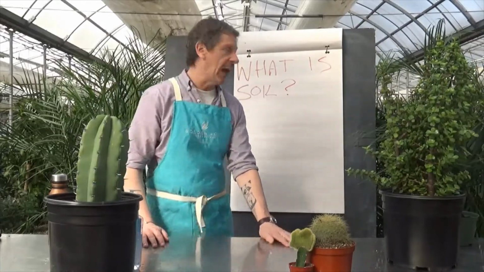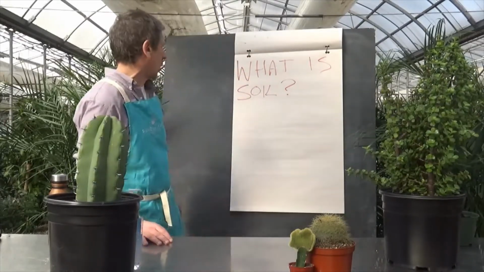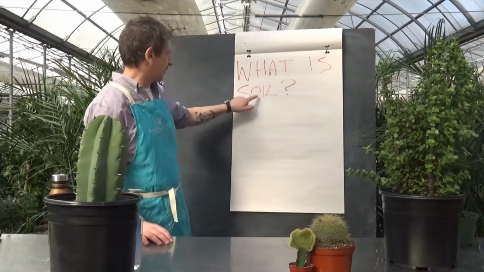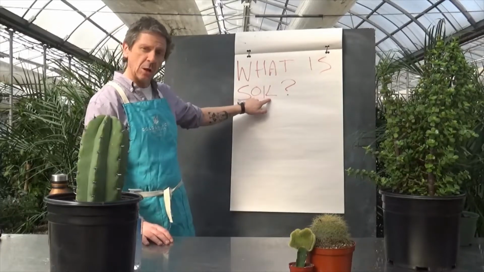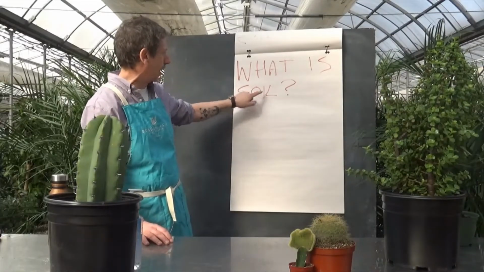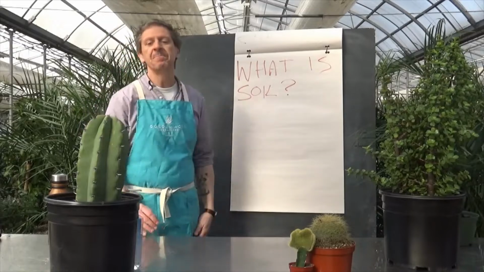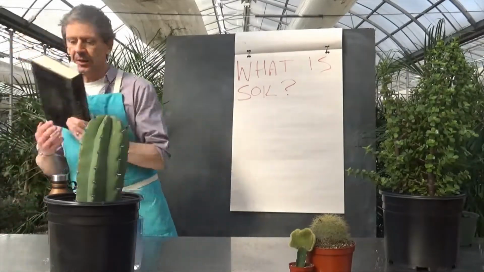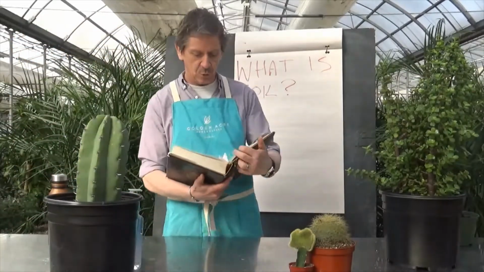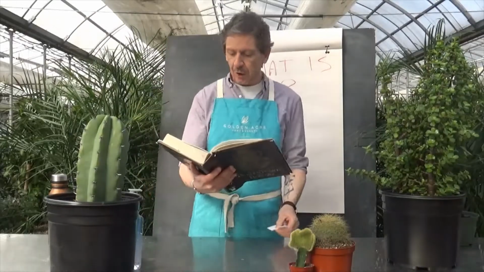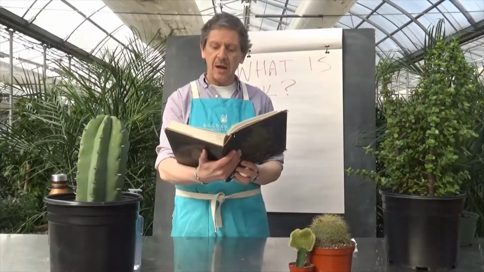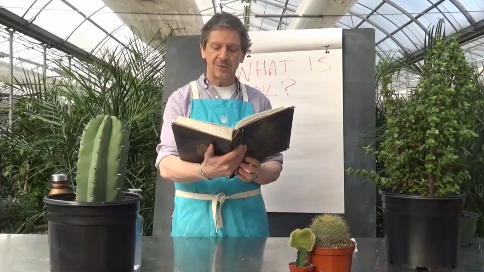So I thought today we could talk about what is soil. My handwriting is as bad as my drawing. So let's turn to our big handy dandy book here. Soil is the upper layer of earth in which plants grow.